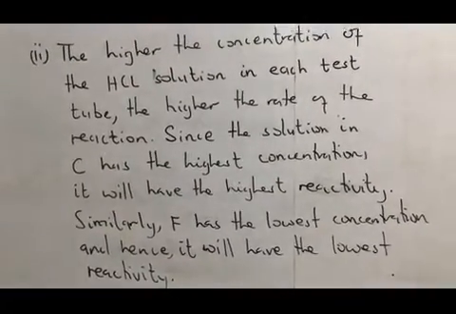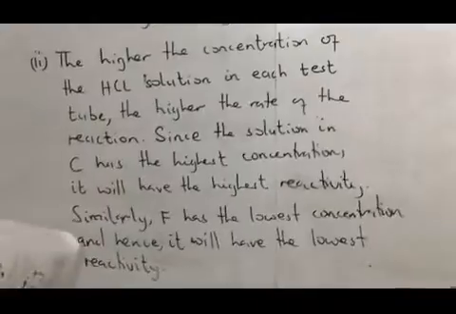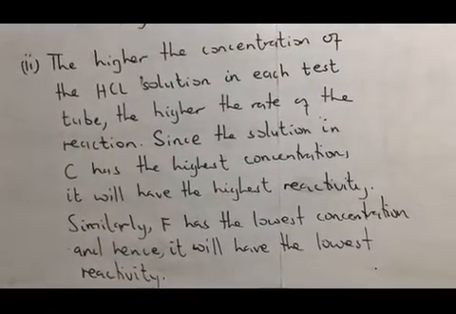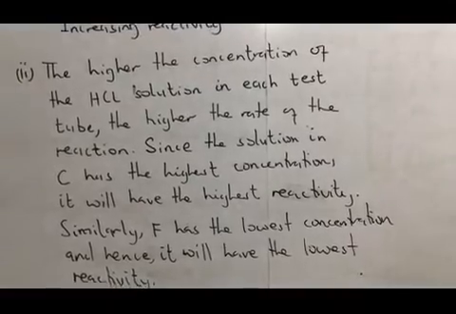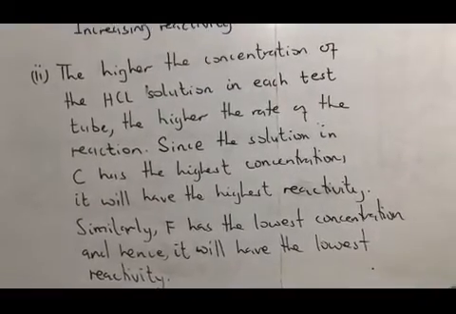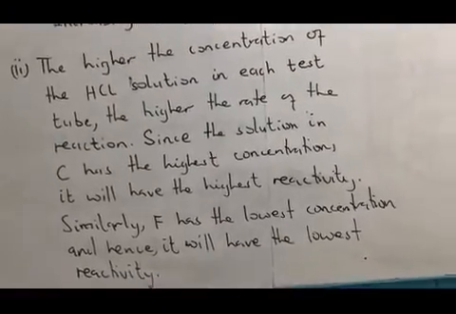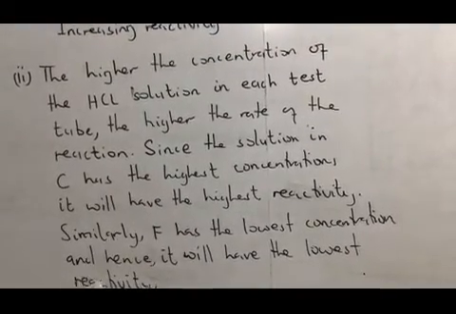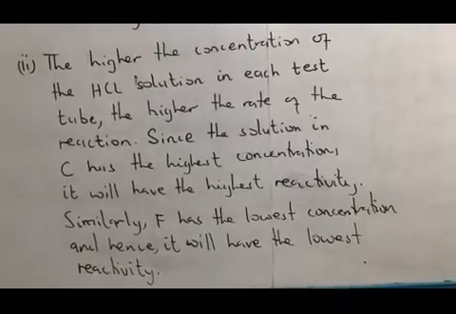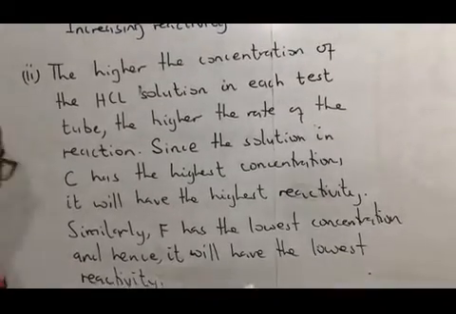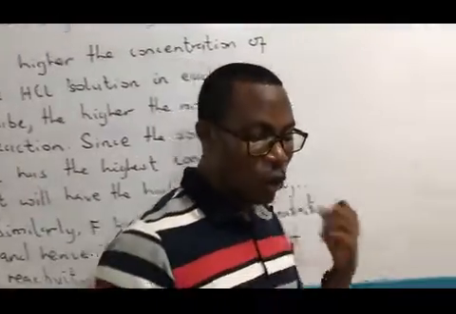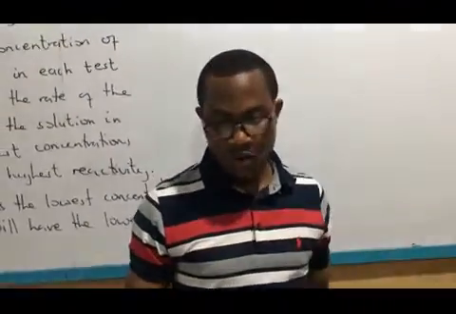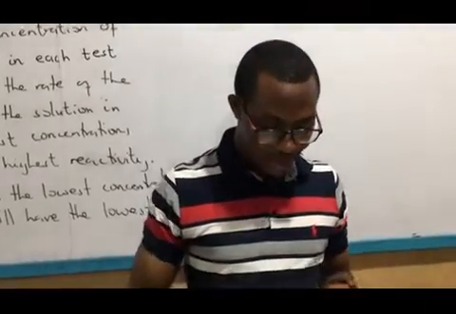Okay, so the explanation is linked to the concentration of the final solution of the HCl in each test tube. If the concentration is higher, then the reactivity will also be higher. They all have the same initial volume, but the one that has more distilled water added has a higher dilution factor, and so the final concentration will be lower.